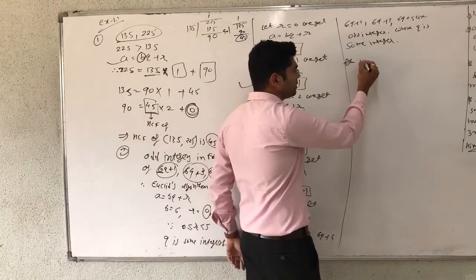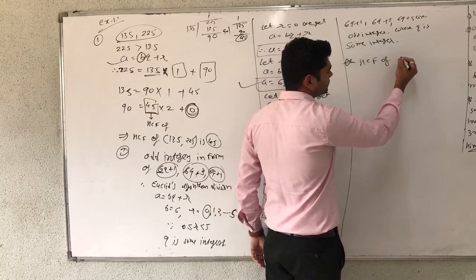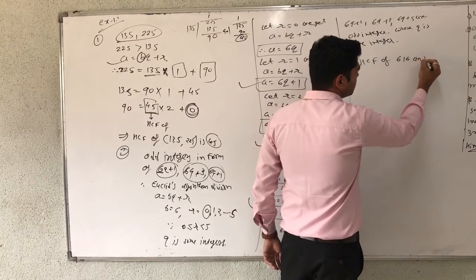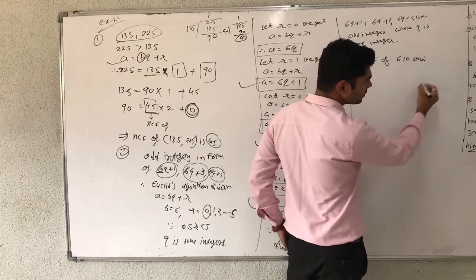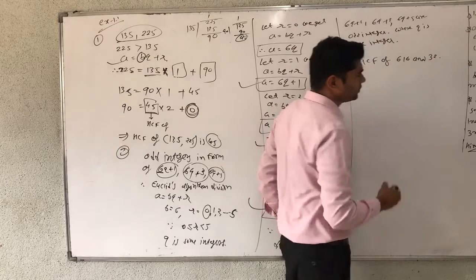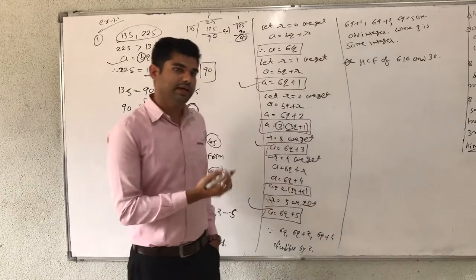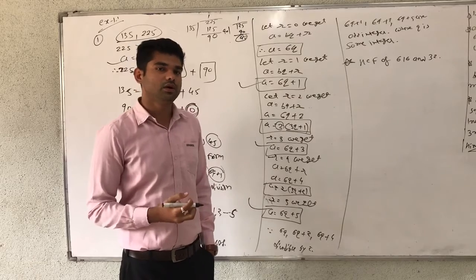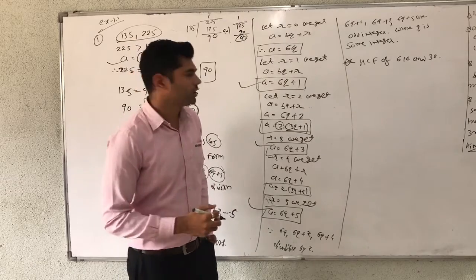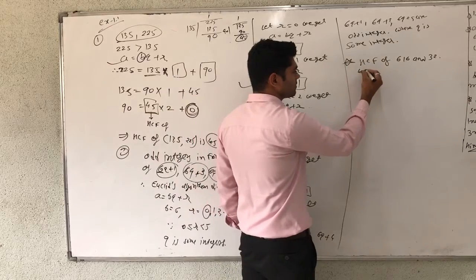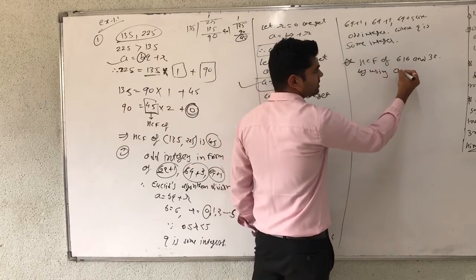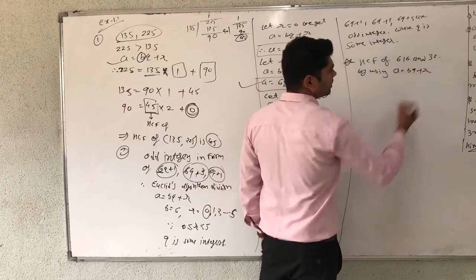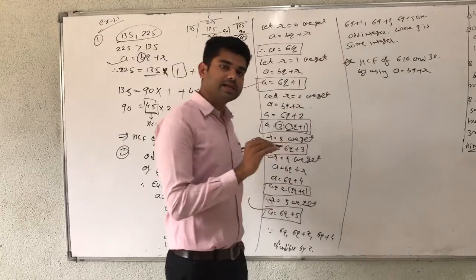So we need the HCF of 616 and 32. The HCF is the value of the maximum members in one column. So using the same equation, a is equal to bq plus r, and underlining the word maximum.